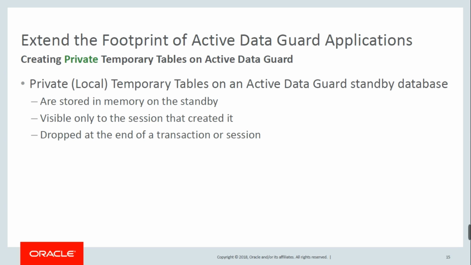Extend the footprint of Active Data Guard applications by creating private temporary tables on Active Data Guard. This is one of the new features as well. Private temporary tables on Active Data Guard standby databases are stored in memory on that standby, visible only to the session that created it, and dropped at the end of the transaction or session.